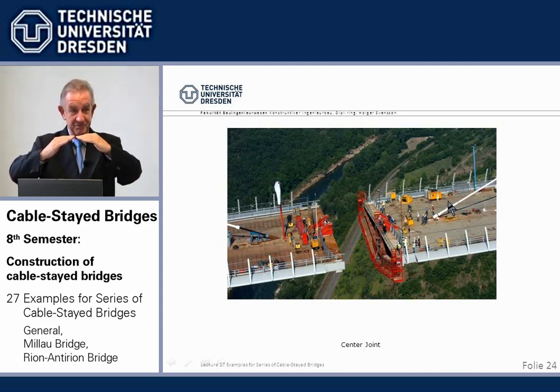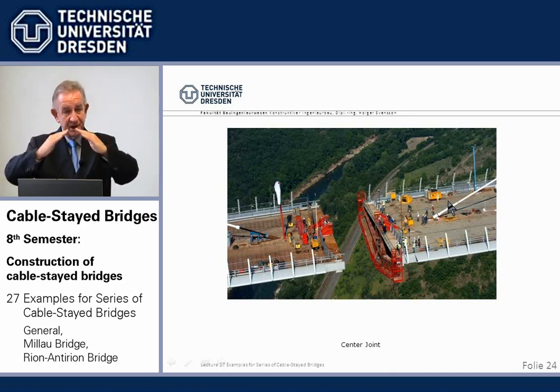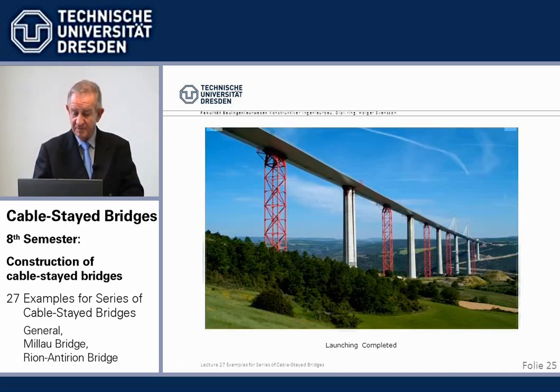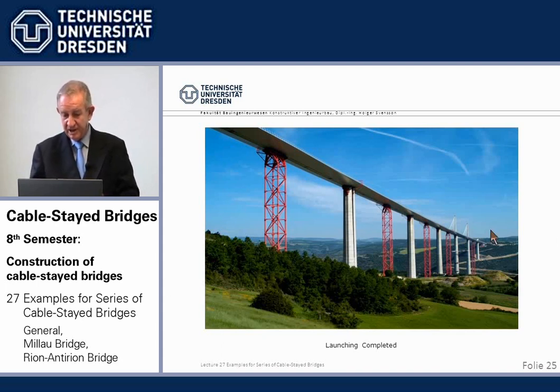There are bridges which are welded together with a little kink if you look along, but you don't want it. And so you can adjust the tips, the elevation as well as the inclination, by pulling and adjusting the cables. Very neat solution.